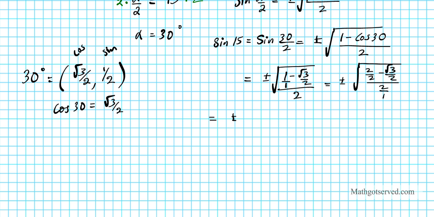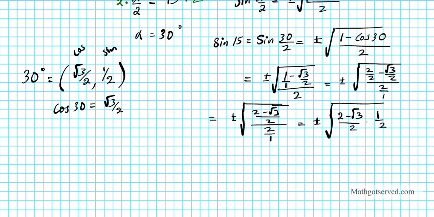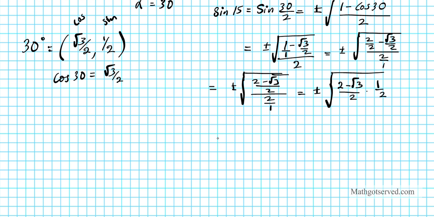It becomes plus or minus the square root of 2 minus root 3 over 2 over 2 over 1. Now we're going to multiply the numerator by the reciprocal of the denominator. Okay, so it becomes 2 minus root 3 over 2 times 1 over 2. Okay, so now we have plus or minus the square root of 2 minus root 3 over 4.